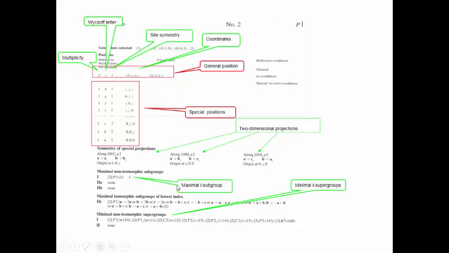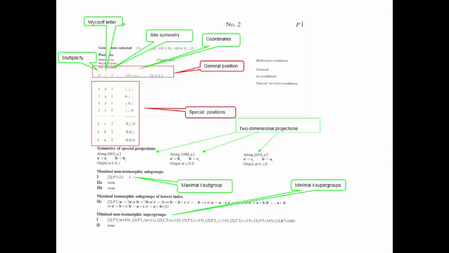Now we're going to use these on the bottom. We're going to only use this classification of 1, like we did in the two dimensionals, and since there's 230 space groups, we're not going to do all 230. Even I don't do all 230. We're going to just do the layer above and the layer below.